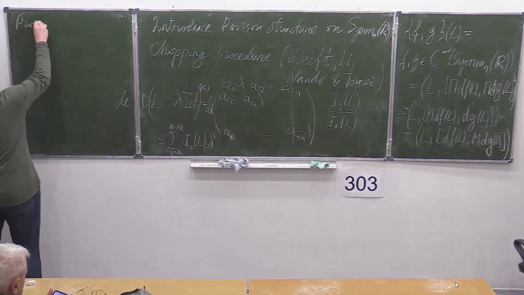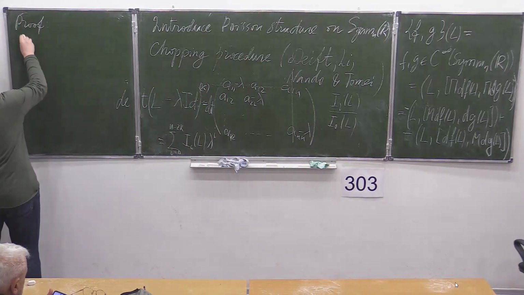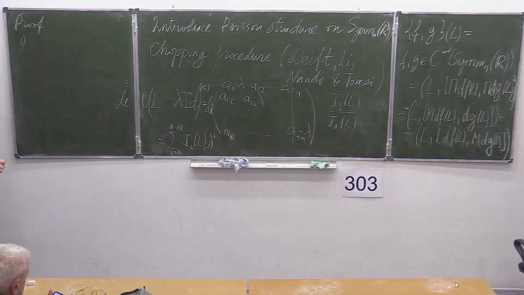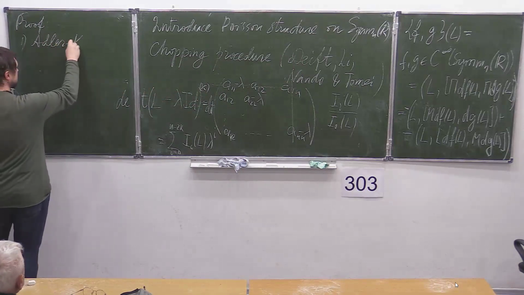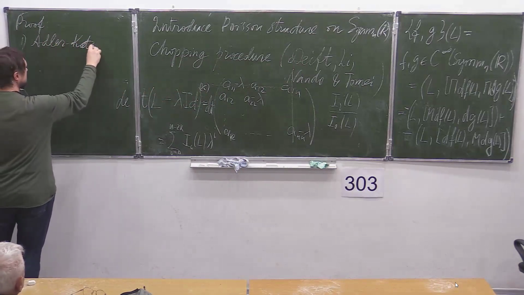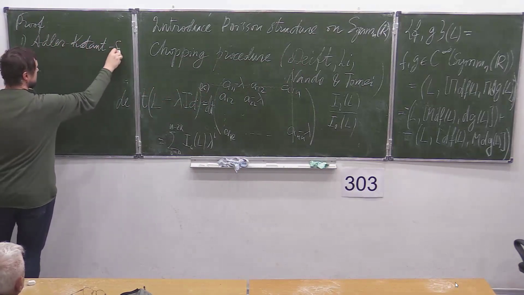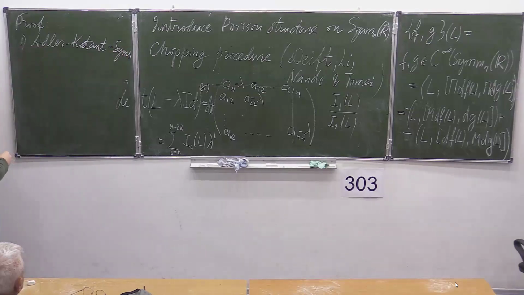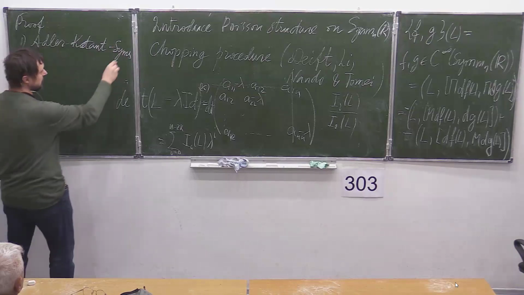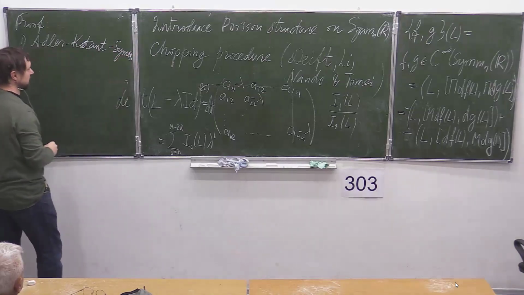Proof. Well, first of all, let me recall the famous Adler-Kostant-Symes construction. I think it's spelled with a Y, not with an I. Maybe an E somewhere. I don't remember how it is spelled.